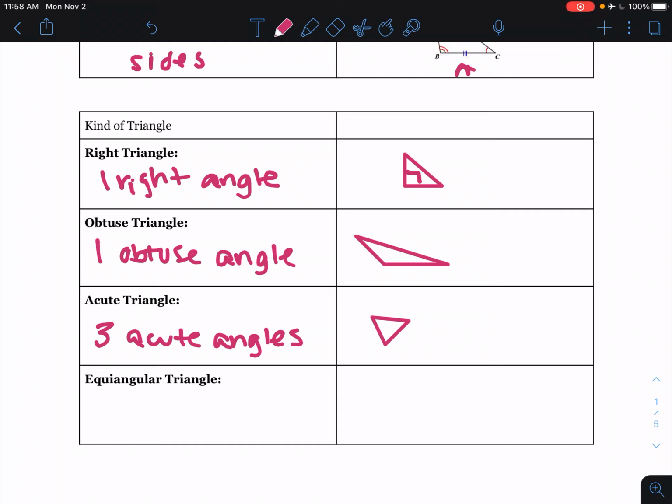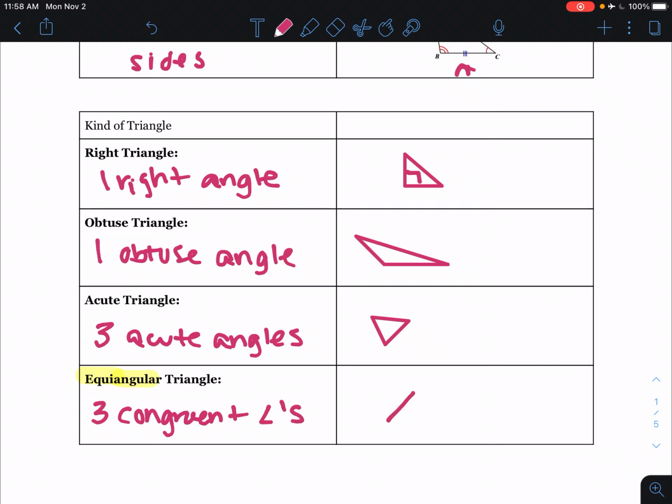Finally, an equiangular triangle. Now, just before when we had equilateral, meaning same or equal side lengths, now we have equiangular. That equiangular means equal angle measures. So an equiangular triangle has three congruent angles.